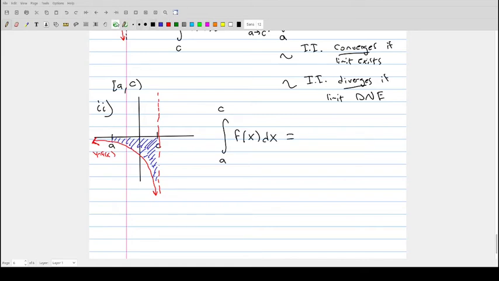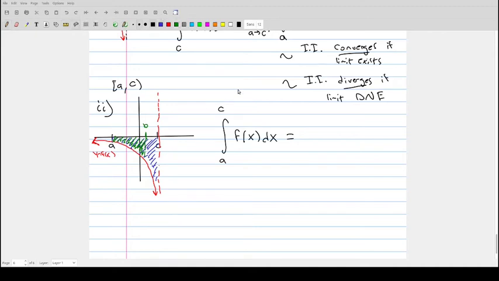And we can directly define this, very similar to before, where if this is, say, some value to the left of c, say b, the value of the improper integral from a to c for this function is going to converge if the following limit exists.